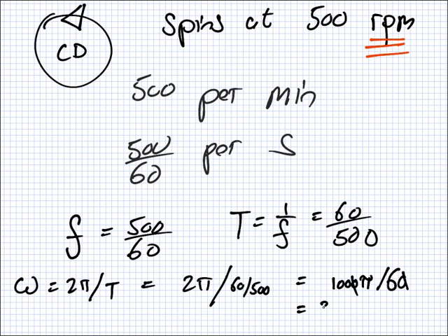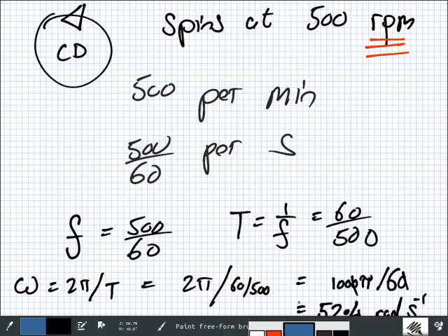That's 52.4. 52.4 radians per second is the omega.